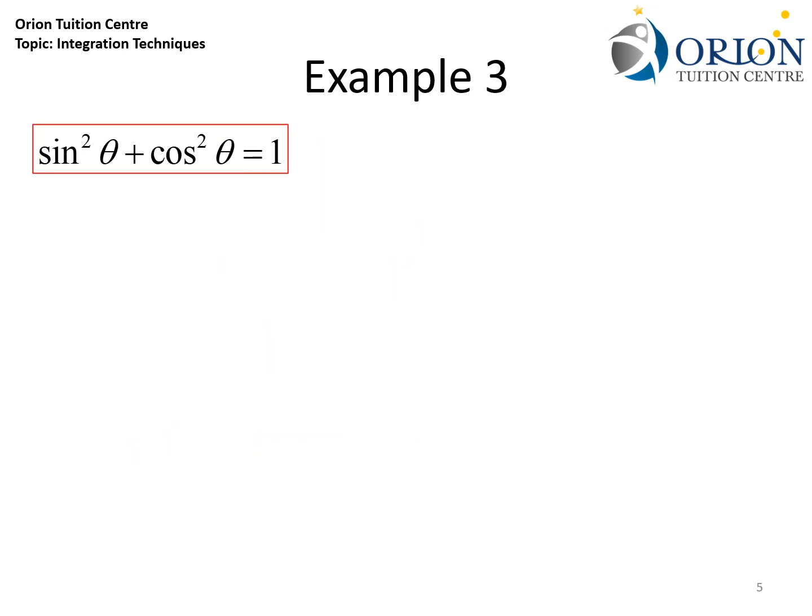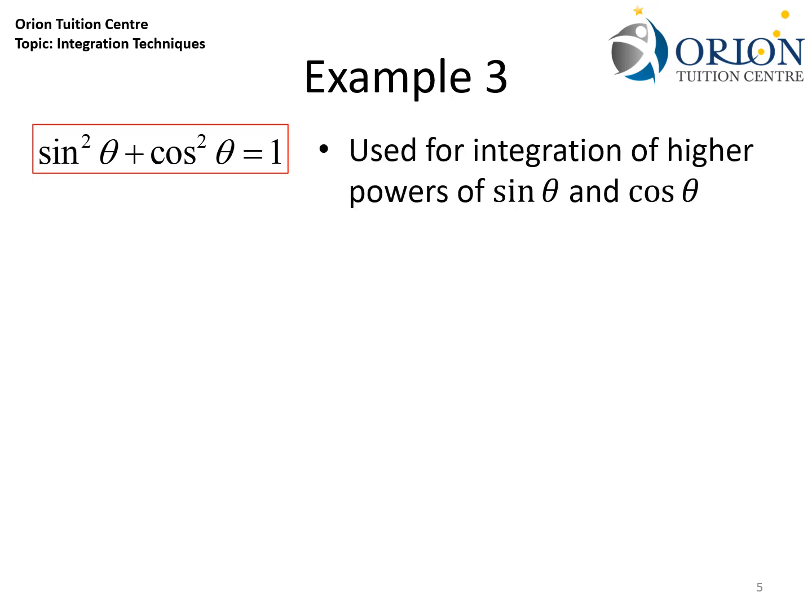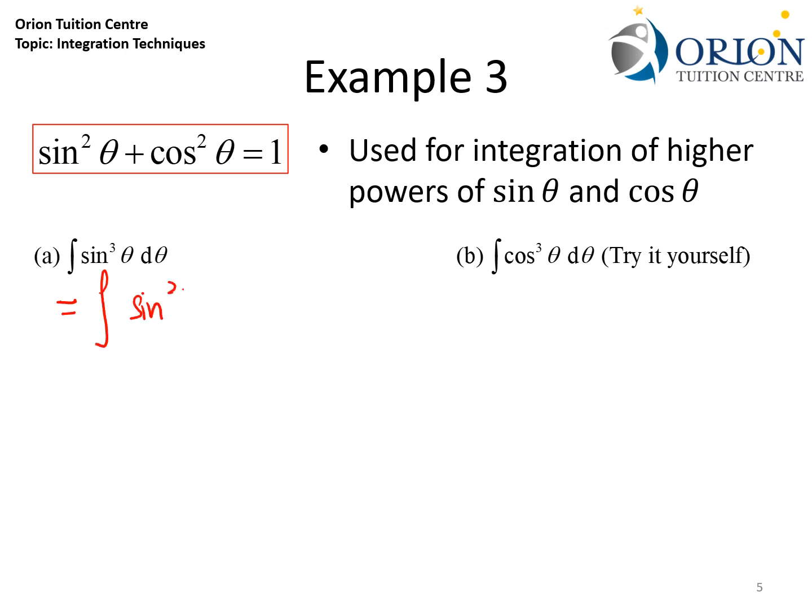The Pythagorean identity of sine square theta plus cos square theta equals 1 can be used for integration of higher powers of sine theta and cosine theta. For example, to integrate sine cube theta, we can rewrite this term as the integration of sine square theta times sine theta. Next, for this sine square theta, I can rewrite it as 1 minus cosine square theta.